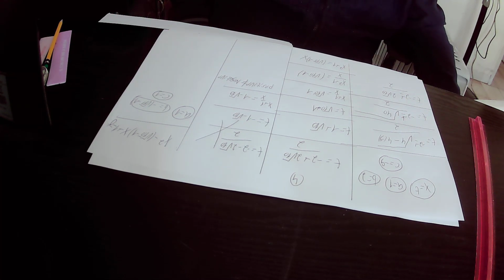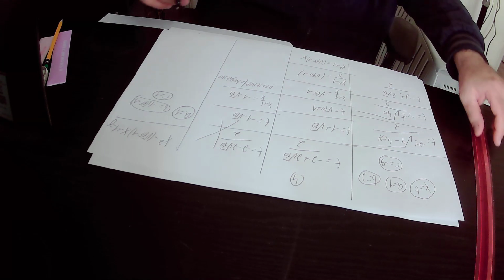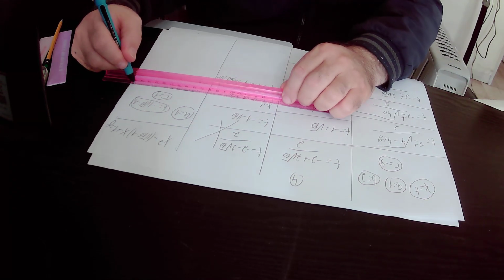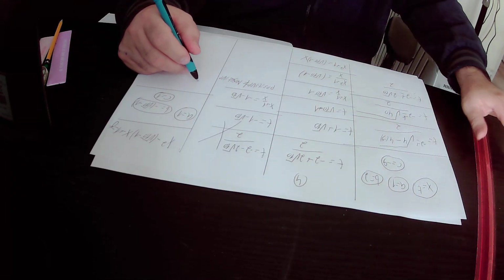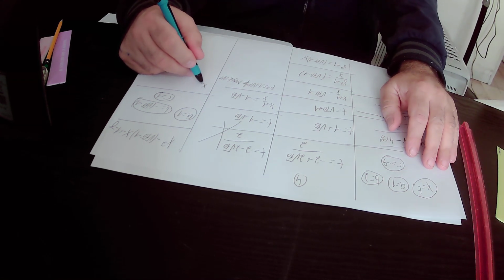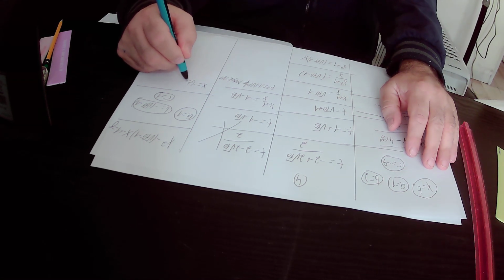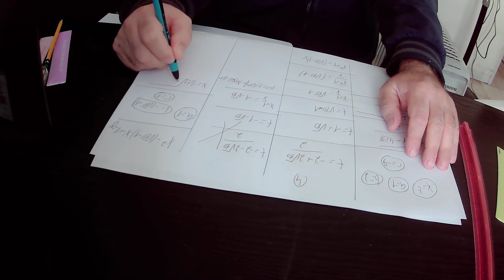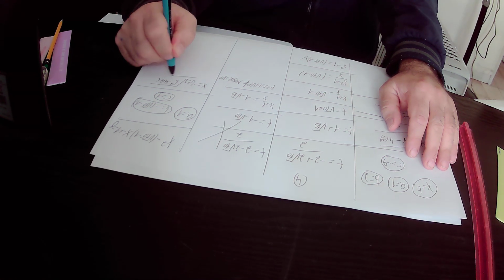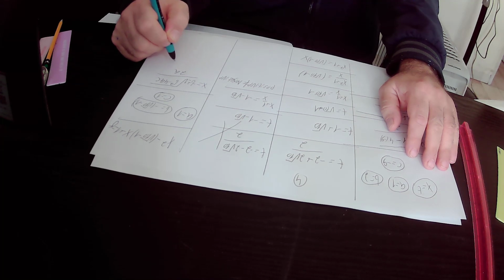And the formula for x is x equals minus b plus minus the square root of b squared minus 4 times a times c, over 2a.